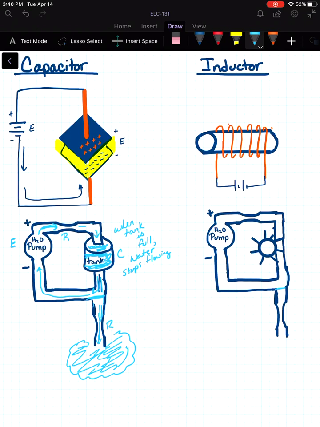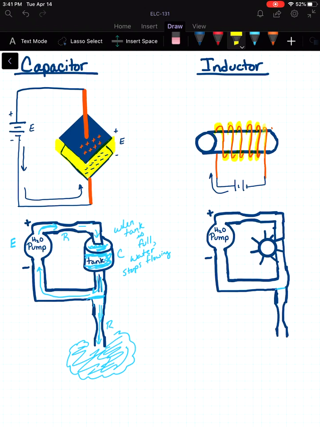Now, for the inductor, something similar is happening, except if you imagine our current flowing into our coil, and you can see the current flowing through the coil. Notice it's going to take some time to get through that coil.